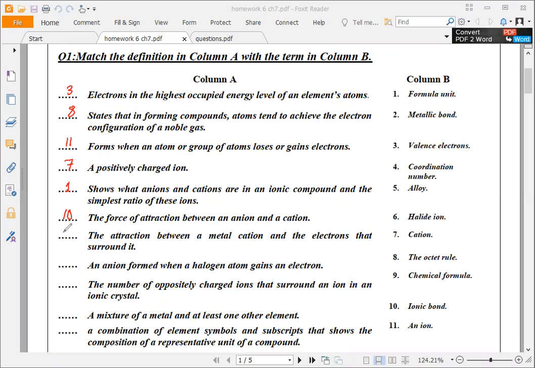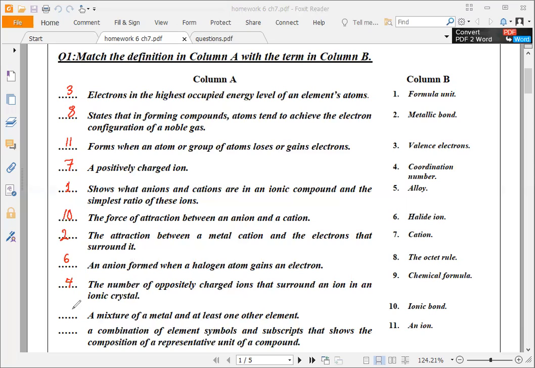The attraction between a metal cation and the electrons that surround it. 2, metallic bond. An anion formed when a halogen atom gains an electron. 6, halide ion. The number of oppositely charged ions that surround an ion in an ionic crystal. 4, coordination number.